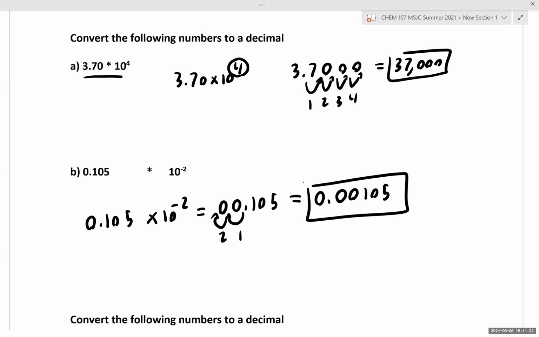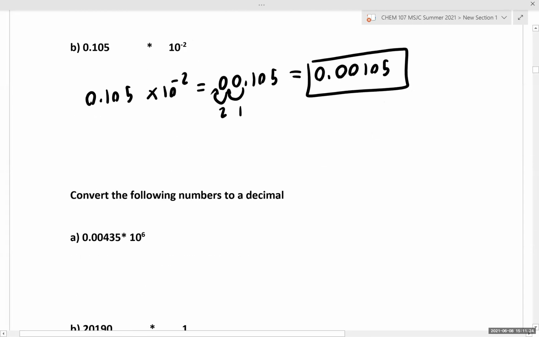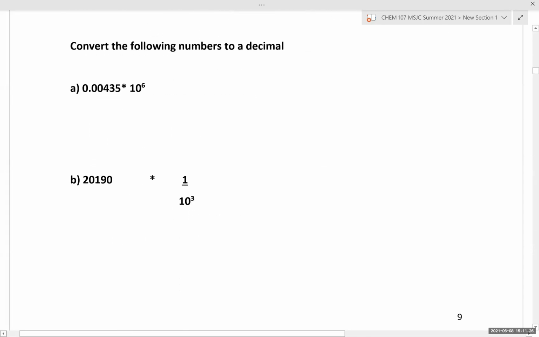Perfect. So let's try to apply what we've learned to the following examples, and let's try to convert the following numbers into a decimal. So let's work on the following 2 examples for about 2 to 3 minutes, and I'd like students to annotate their responses, or you can share your responses in the chat or verbally.